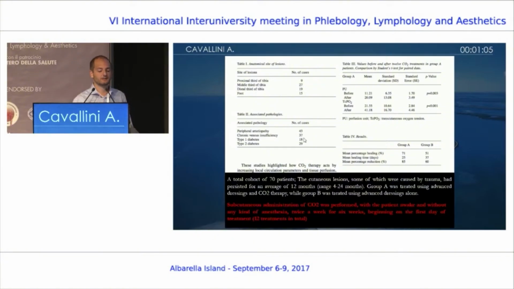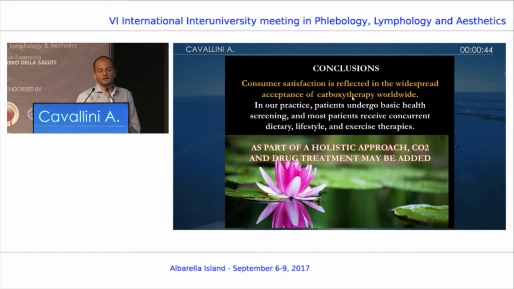And for these patients, we've got these values. We've had peripheral arteriopathy or chronic venous insufficiency, and you can see the percentage of ulcers, if treated together with advanced dressing, advanced treatment with this treatment, you can have these results. And with the Doppler analysis, you can see that. However, the result was very positive.